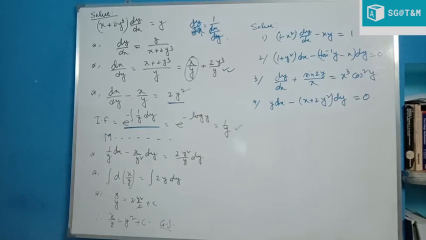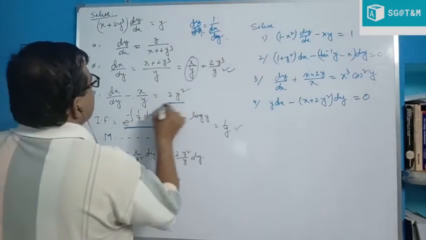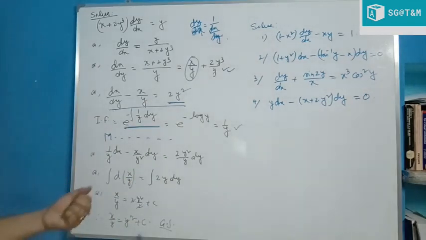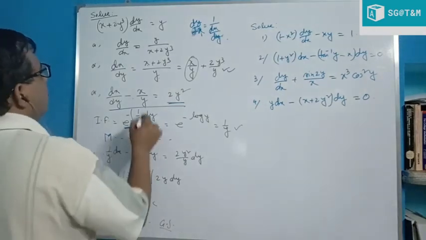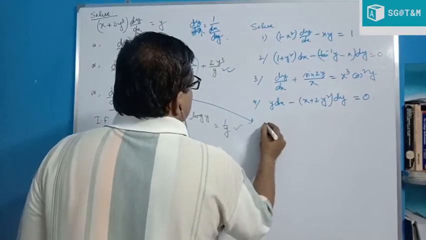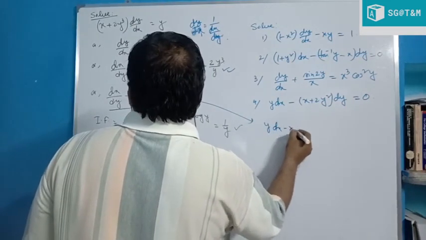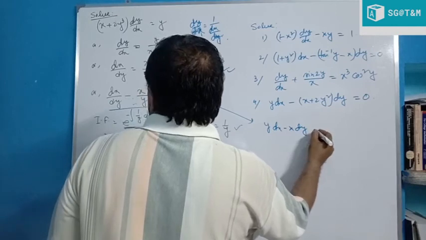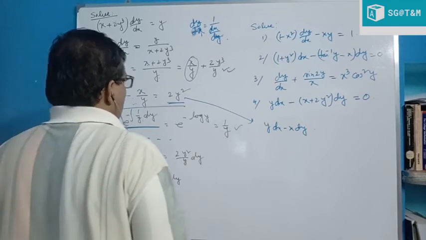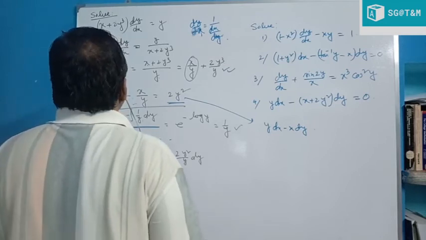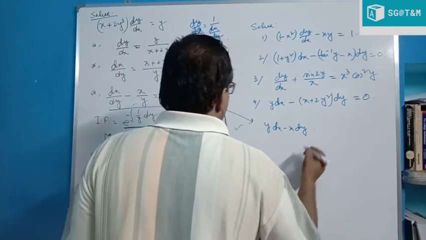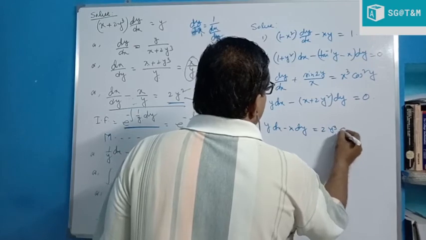You may solve in another way also. In exact form you may solve this; you do not have to apply the linear method. In differential form, this can be written as y dx minus x dy equal to 2y³ dy.